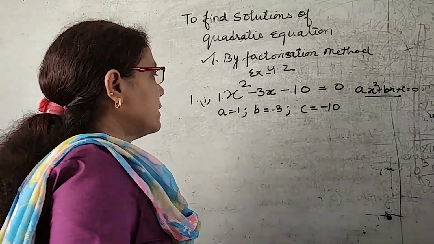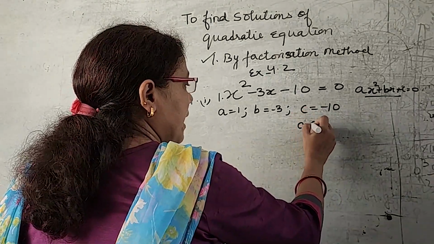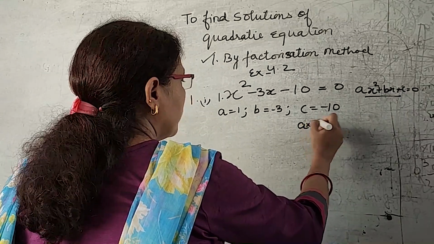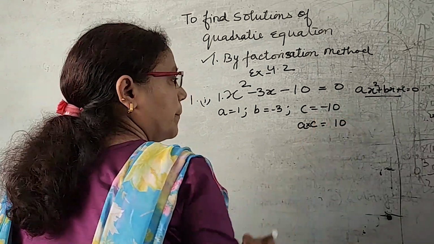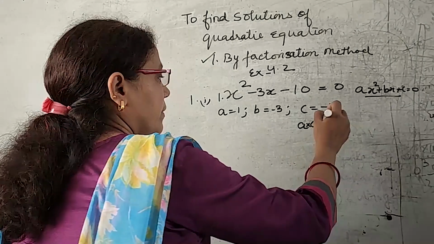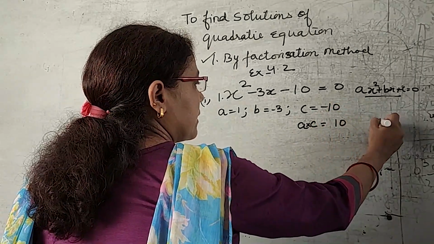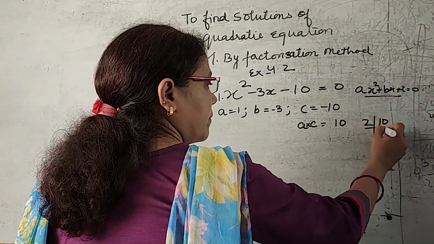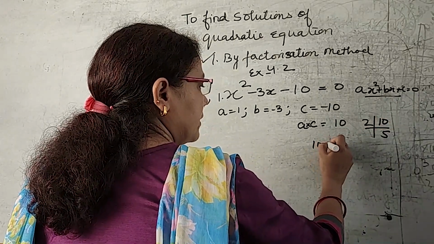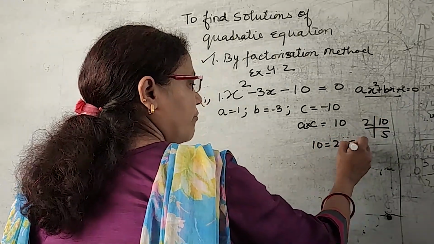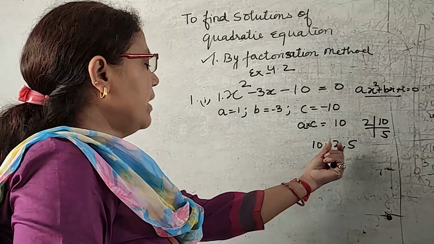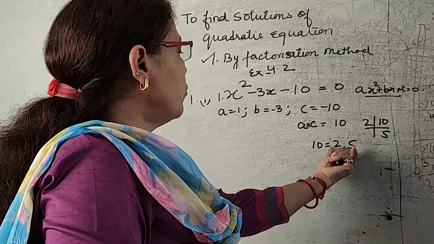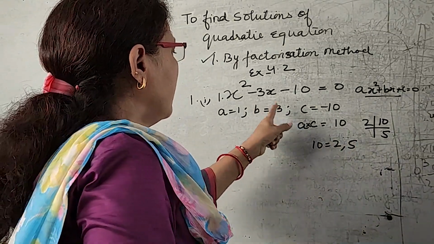If you remember, in 9th standard we take the product a into c. So it is minus 10. We will factorize 10. So 10 has the factors 2 and 5. We will write 2 and 5 just to obtain the b.